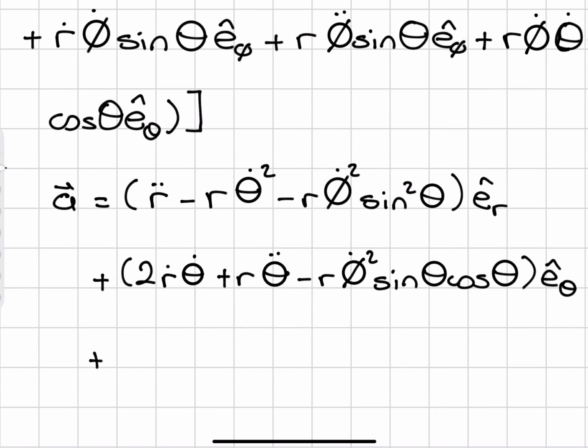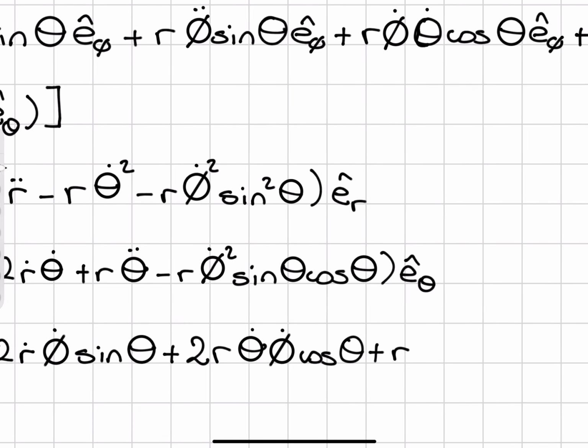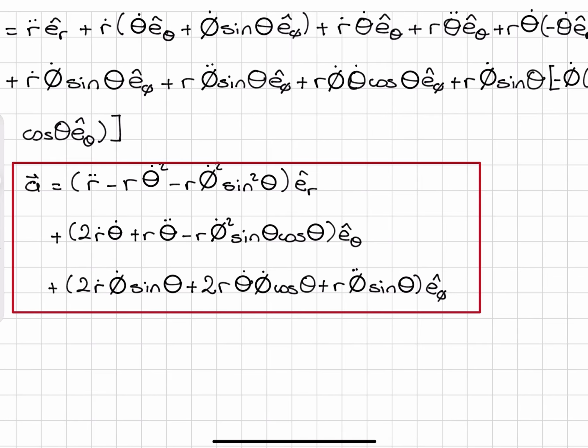So we have 2 r dot phi dot sine theta plus 2 r theta dot phi dot cosine theta, and then we have r phi double dot sine theta. This is all in the e phi hat direction. Therefore, this is our final answer for the acceleration vector.